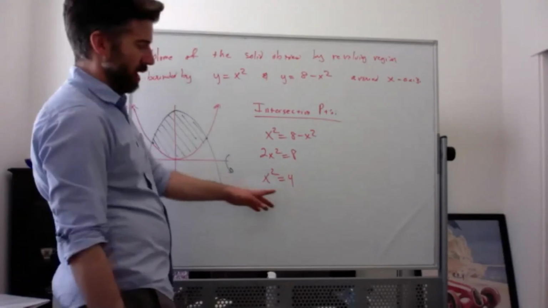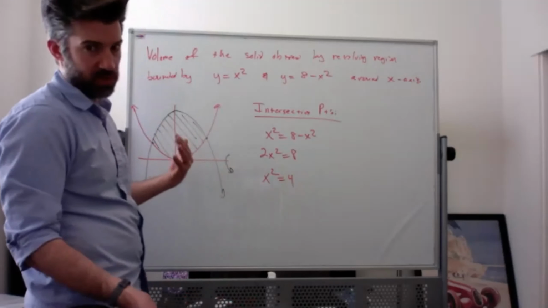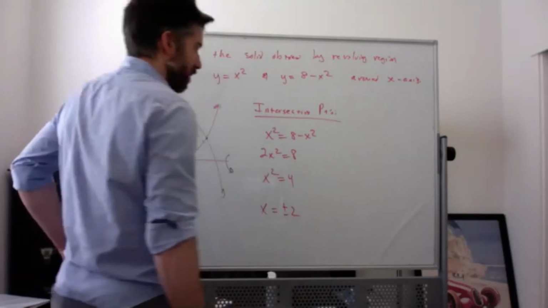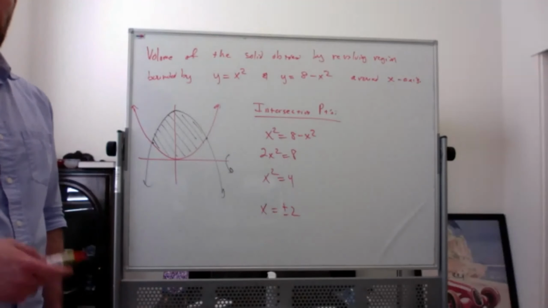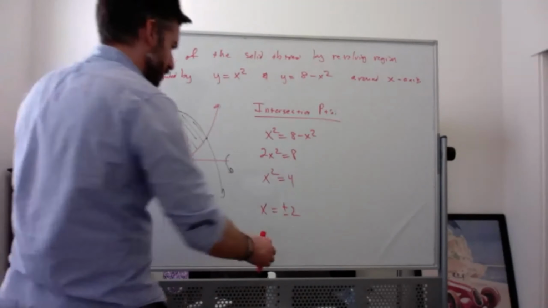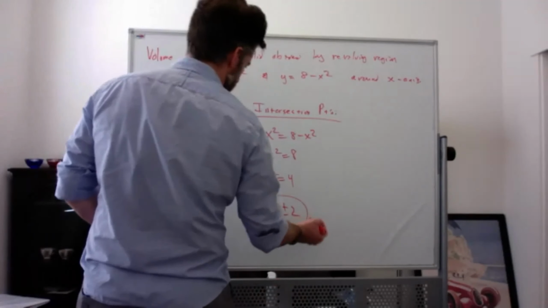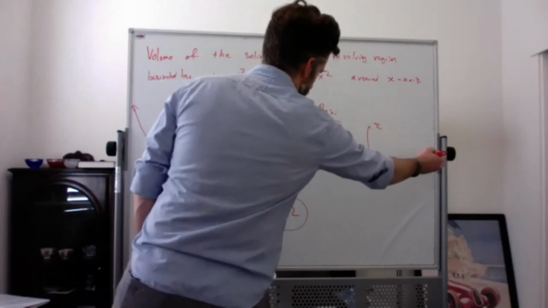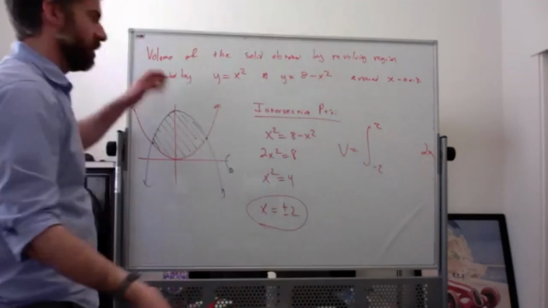And you could do x squared minus 4 equals 0 and factor, or you could just say x equals plus or minus 2. So whatever my interval is, I know it's going to be the interval from -2 to 2. And I think I want to draw more pictures. So these are going to be limits of integration. Our volume is going to be some integral from -2 to 2 of some stuff, which we'll figure out on the other side of the board.